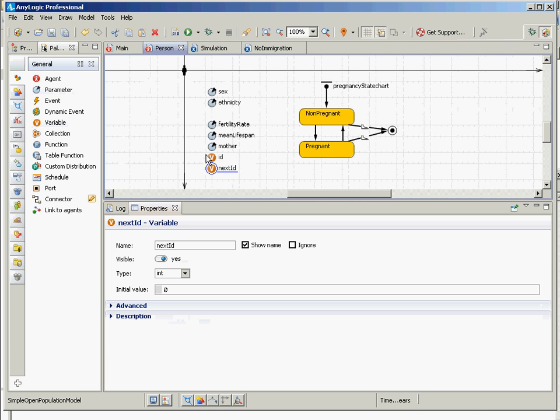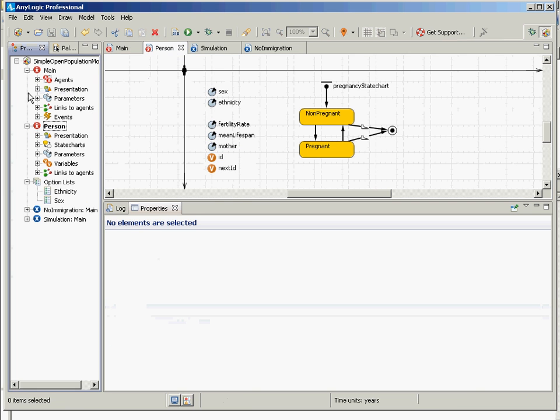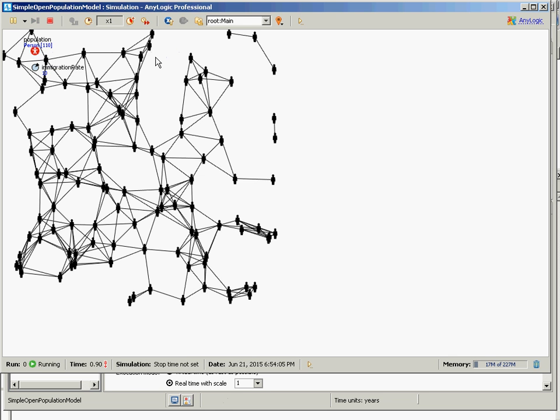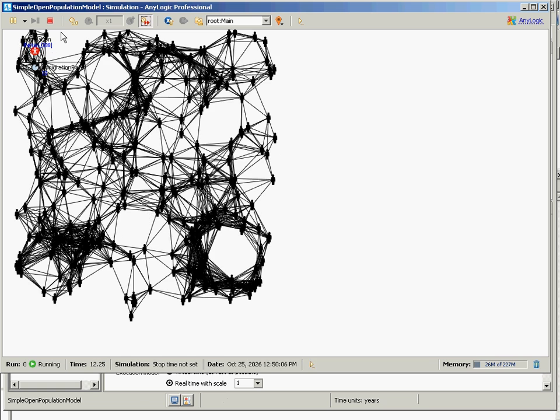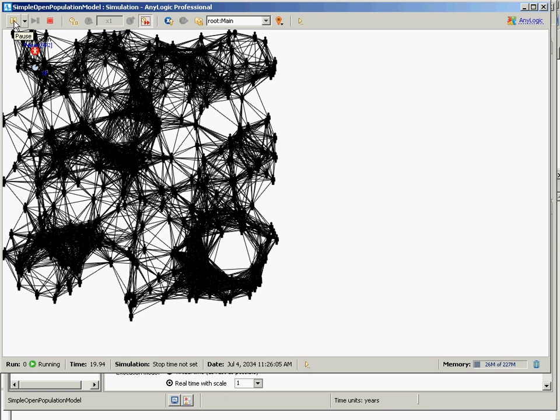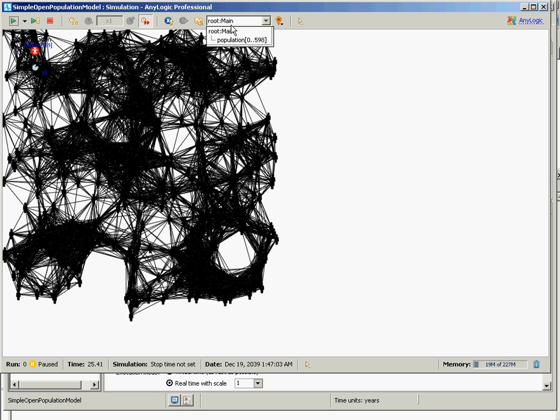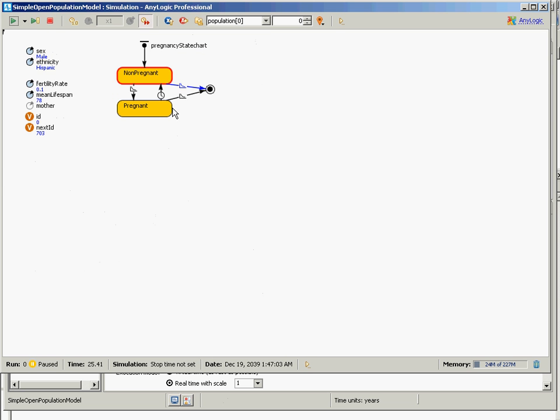So this is going to associate everyone with a unique ID that's not going to change. So if you wanted to identify them in a database, or say which ID number is my mother's ID, that will give it. So let's run this forward some. And now let's go to person 597, say.